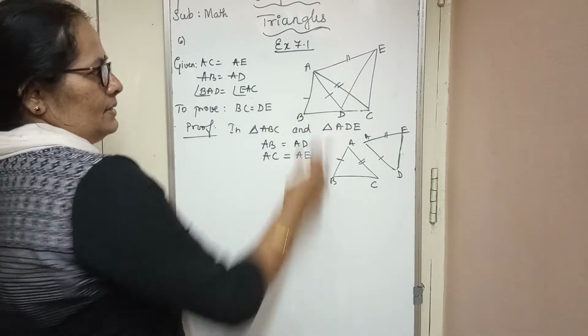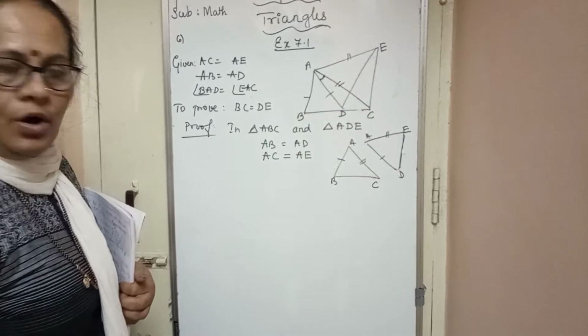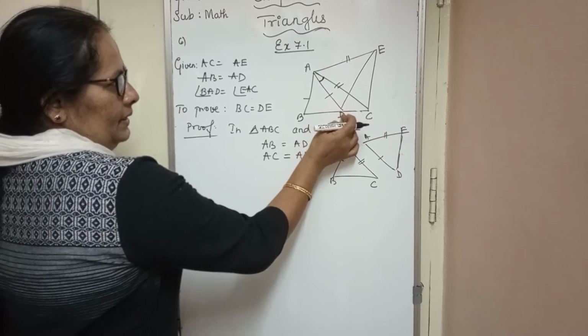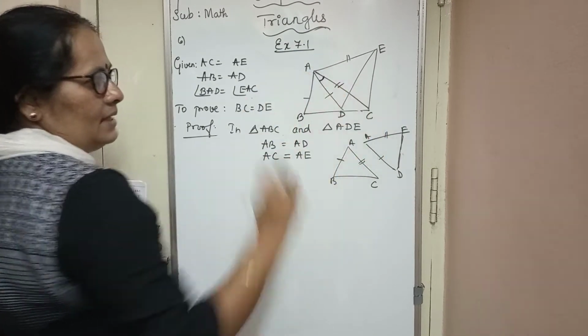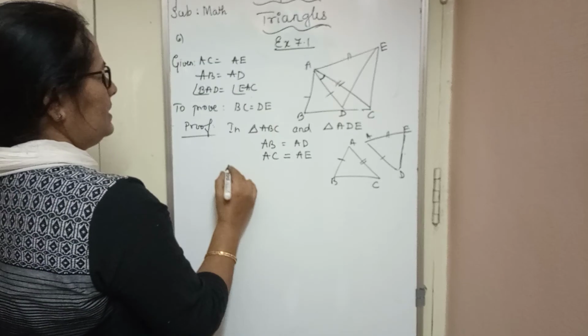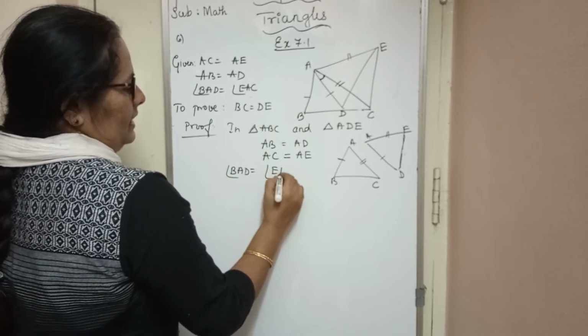Now for both the triangles, this part is common. So this angle is common. DAC is the common angle for both the triangles. And here one condition is given, BAD is equal to EAC.